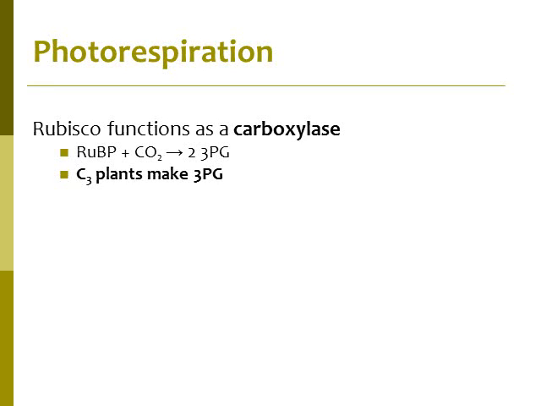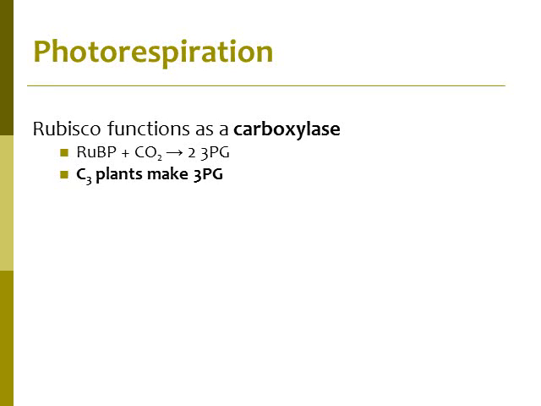In C3 plants, that enzyme rubisco, remember, is the enzyme used during carbon fixation that hooks the RuBP and our carbon dioxide molecule together. Generally in normal environments, rubisco functions as a carboxylase. It works just like we've been talking about. The RuBP, which is 5 carbon, gets attached to carbon dioxide, which is another carbon.